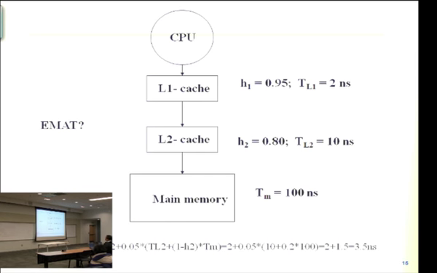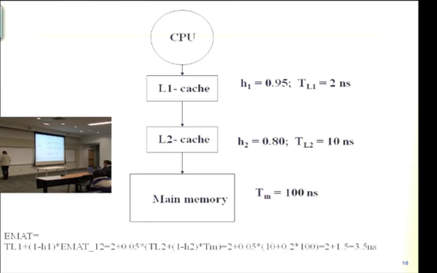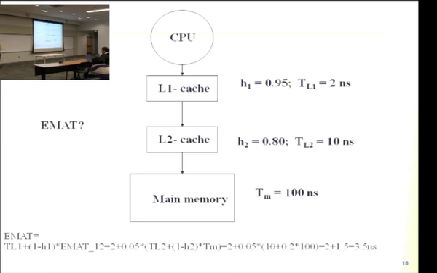And now we need to calculate the AMAT of going into the next level of cache, which is L2, and that's equal to the time to access L2, which is T2, plus the miss rate for that cache, which is 1 minus H2, times the next level.